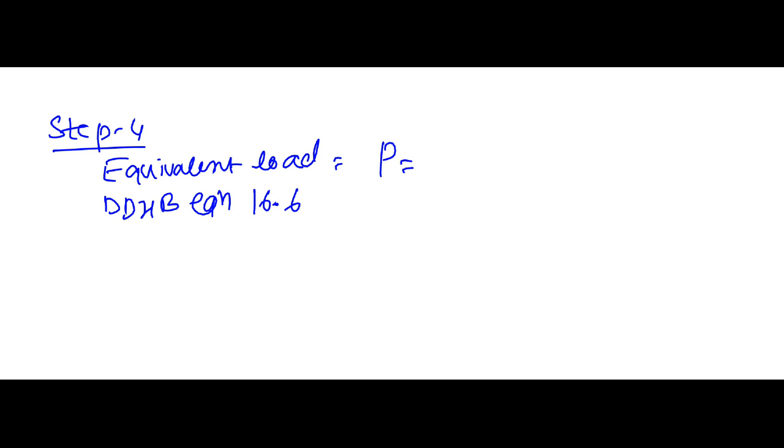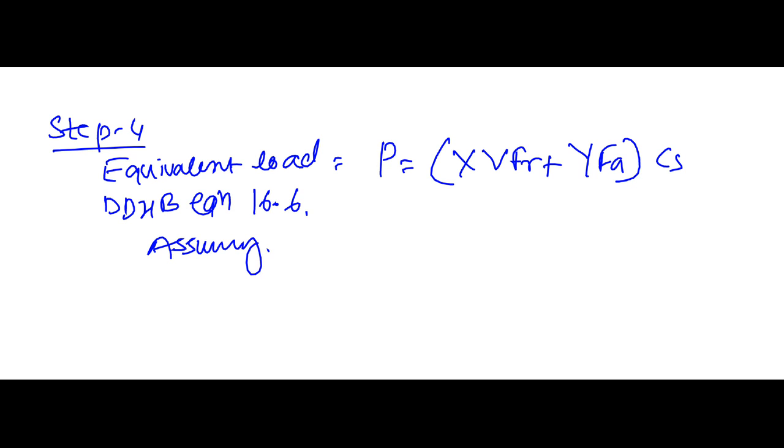This is equal to X VFR plus Y FA into CS. Now CS is not specified in the data book, you just add it here. Now write assume here: assuming service factor or shock factor equal to 1.